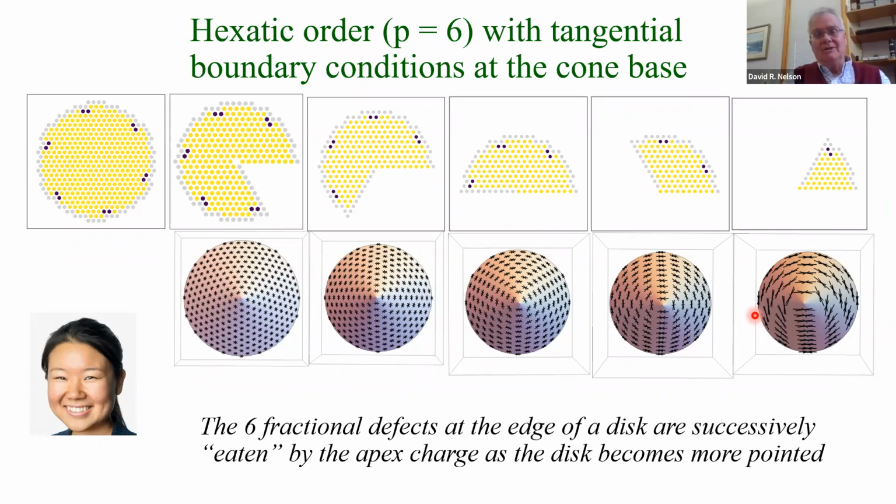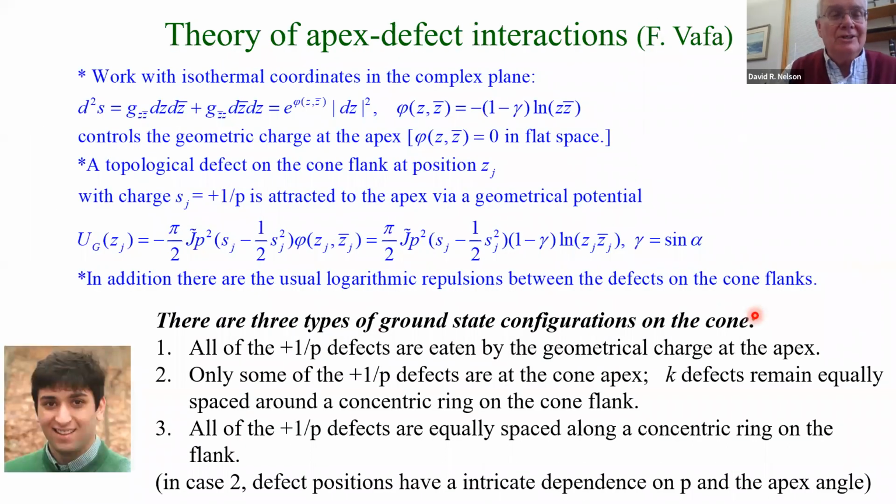And this was, we thought, quite intriguing and puzzling until we started to interact with Farzan Fafa, who is in the audience, and who is a scientist who knows his way around the complex plane.